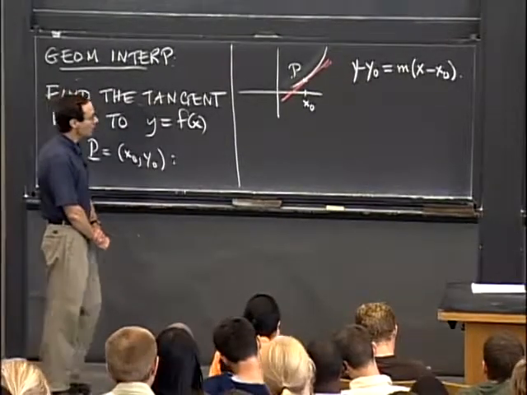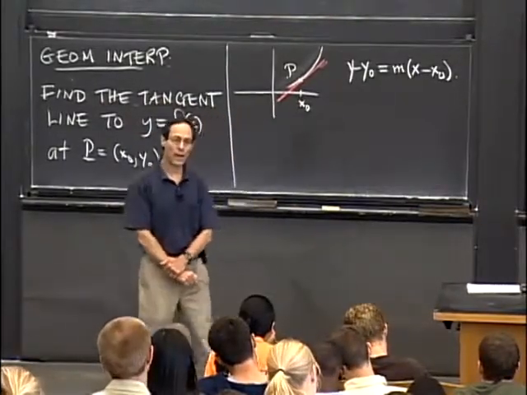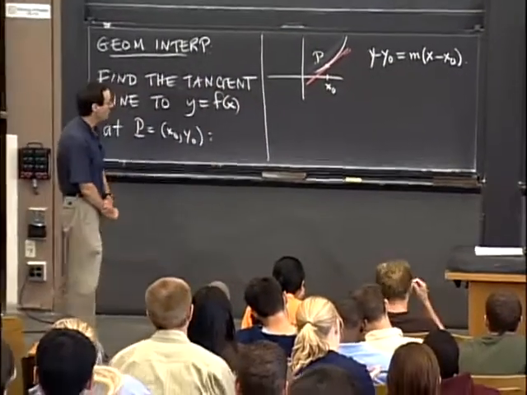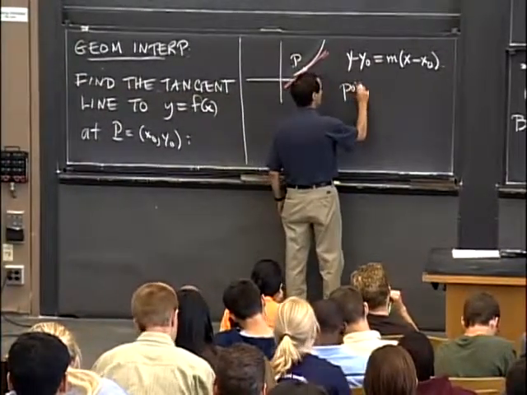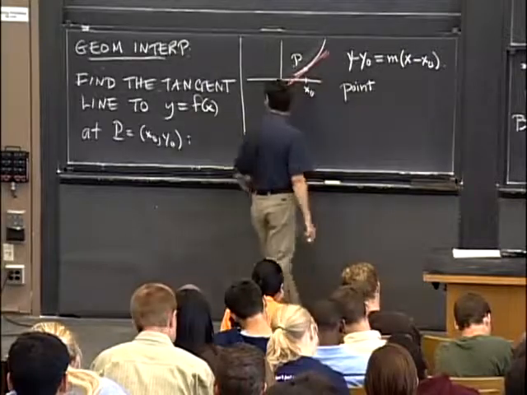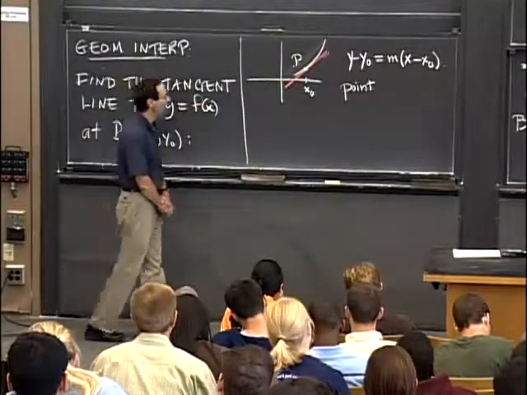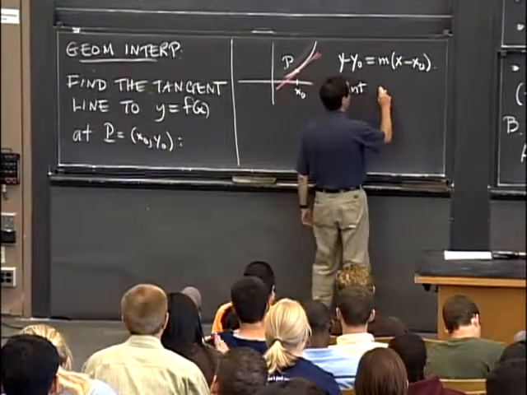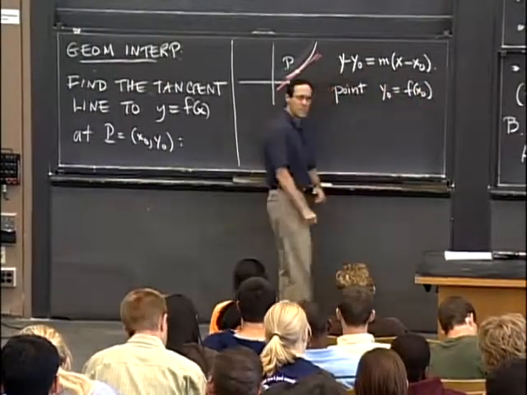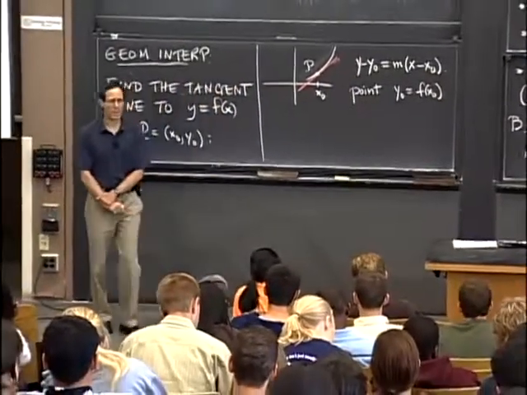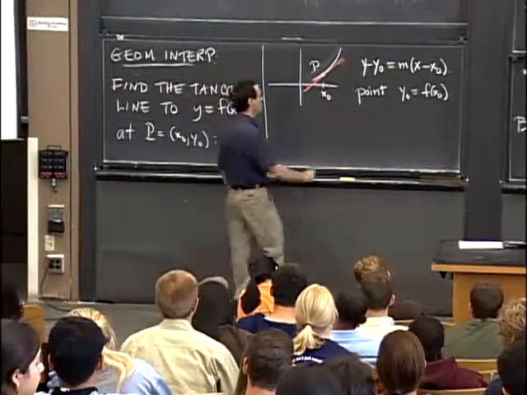And now there are two pieces of information that we're going to need to work out what the line is. The first one is the point. That's that point P there. And to specify P, given x0, we need to know the level of y, which is, of course, just f of x0. Now, that's not a calculus problem, but anyway, that's a very important part of the process. So that's the first thing we need to know.